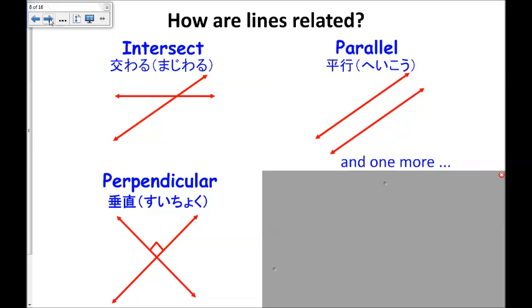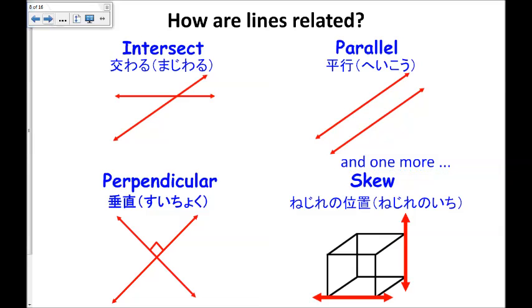How are lines related? Lines can intersect, they can be parallel, they can be perpendicular, and there is one more. Lines can also be skew.